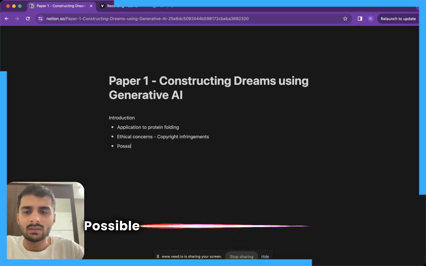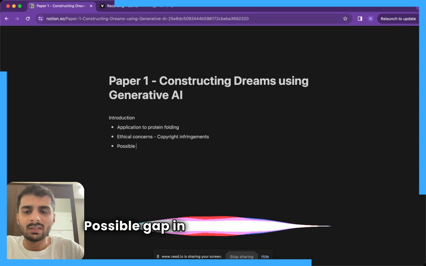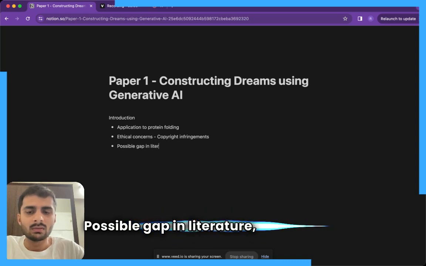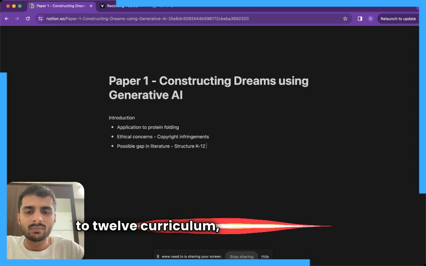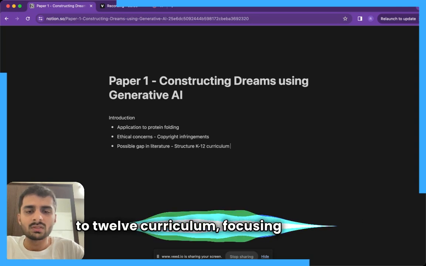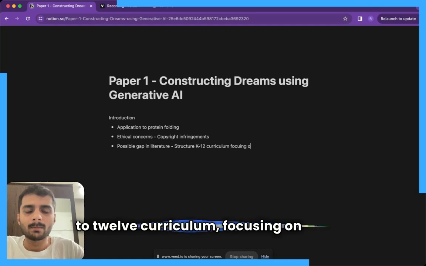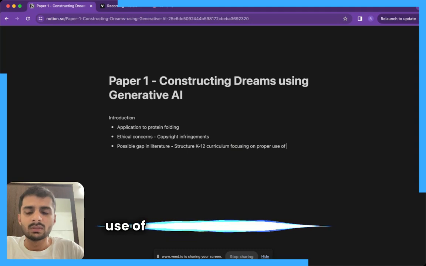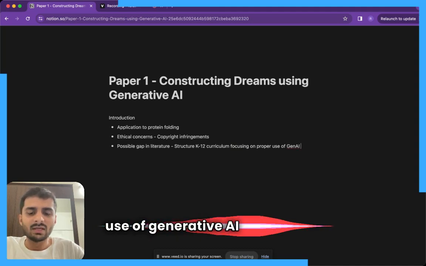Possible gap in literature, structured K to 12 curriculum focusing on proper use of generative AI algorithms.